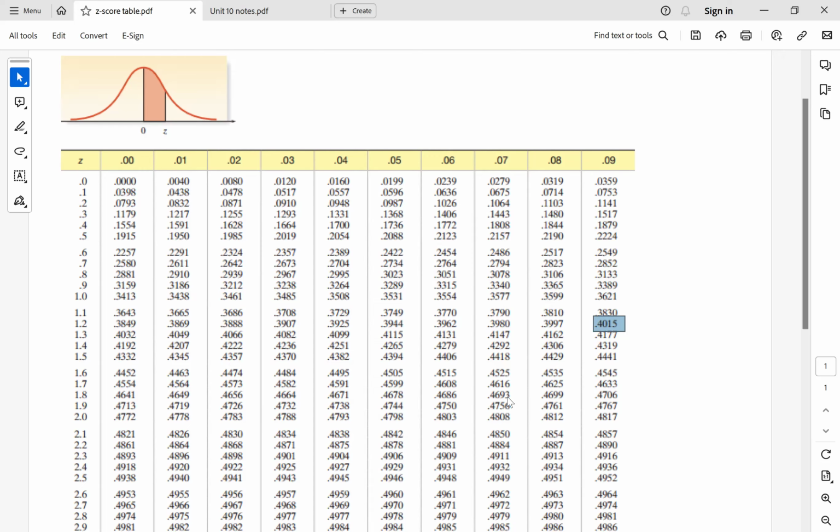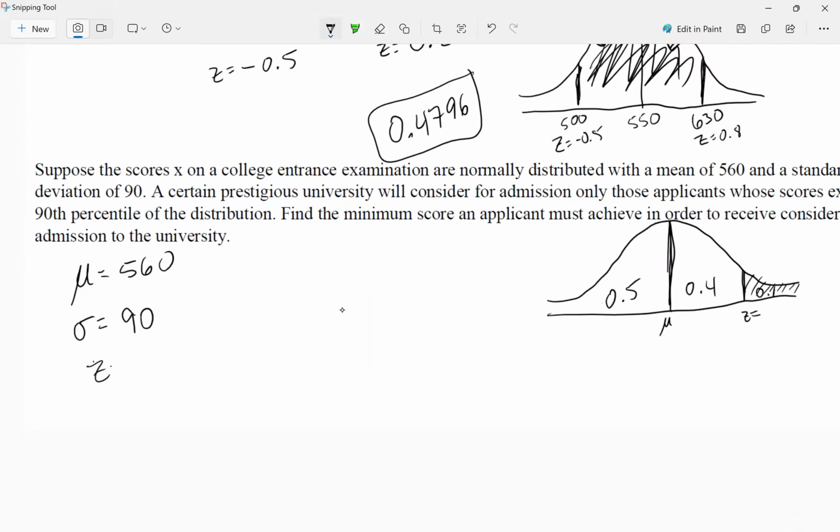Okay, so the z-score that I need is 1.29. Let me come back to my work here. This thing just froze for a minute. So the z-score that I need is 1.29. I know the average is 560, the standard deviation is 90, and the z-score that I need is 1.29. What is the score that I need?